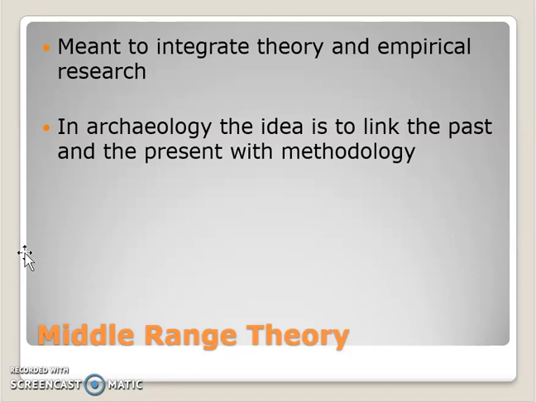I'm going to give you some examples of types of things we do as part of middle range theory, but we're going to do this in a couple of different little videos. So this first one is just about what middle range theory is and what the point of it is and why we do it. And then we'll talk about a couple different ways to make it happen.